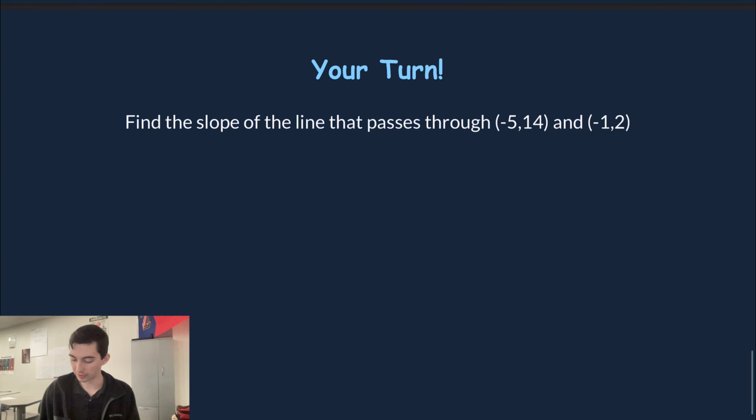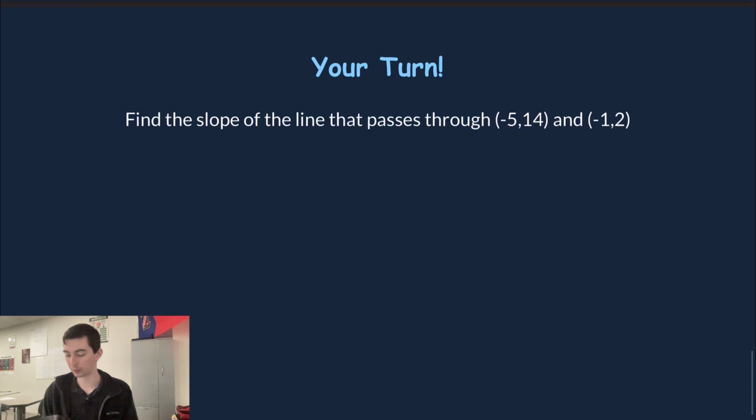Pause the video now and see if you can find the slope of a line between -5,14 and -1,2. Hopefully you paused it and tried it. So remember, m is equal to y2 minus y1 over x2 minus x1.